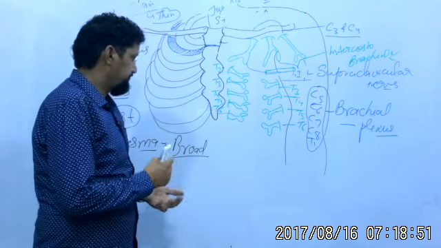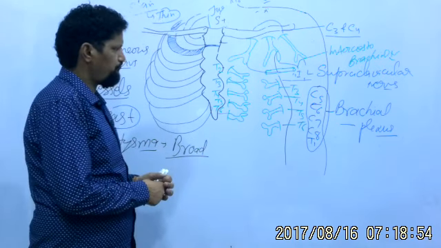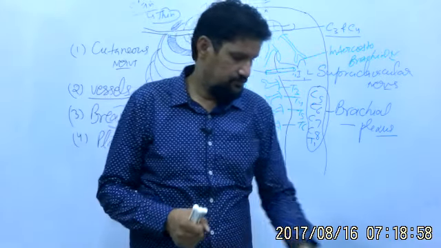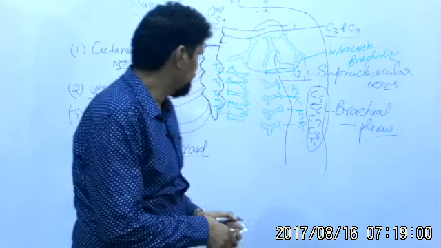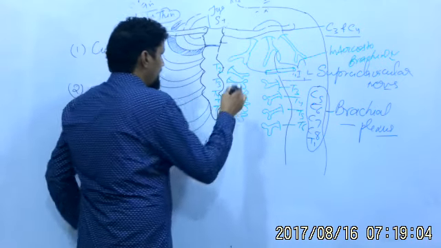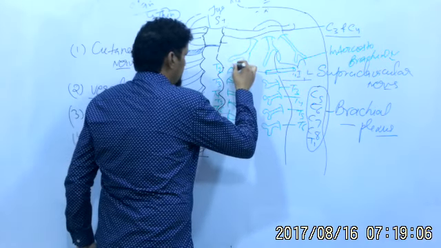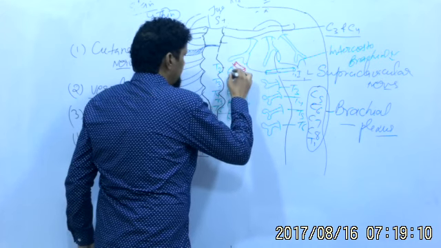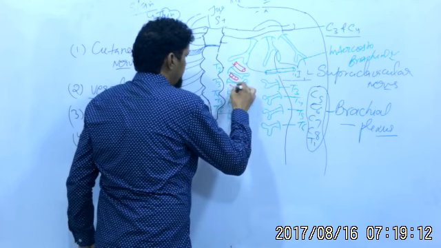Now, when we talk about the vessels of the region, there are perforating arteries accompanying these anterior cutaneous nerves.